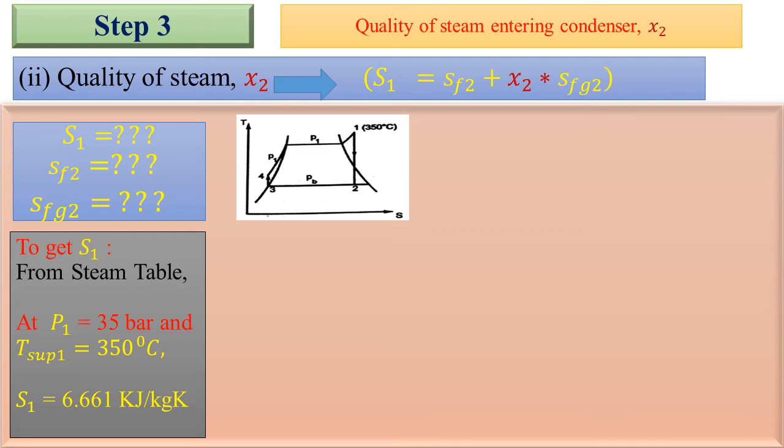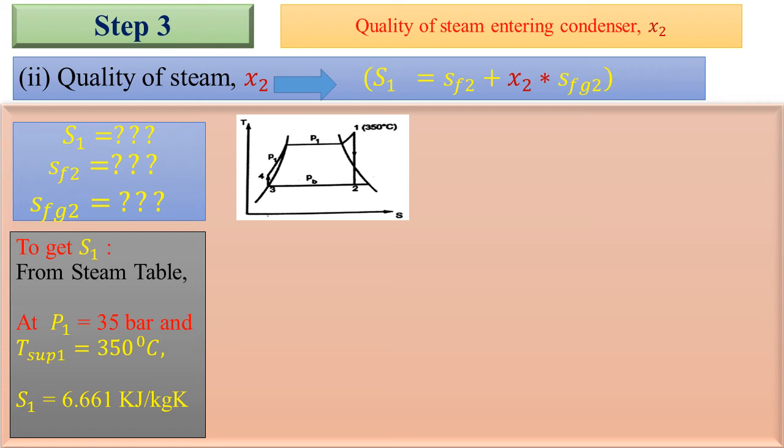Therefore from the steam table at P1 35 bar and T superheated 350 degrees Celsius we can note down the value of entropy directly at the conjunction of 35 bar and 350 degrees Celsius.